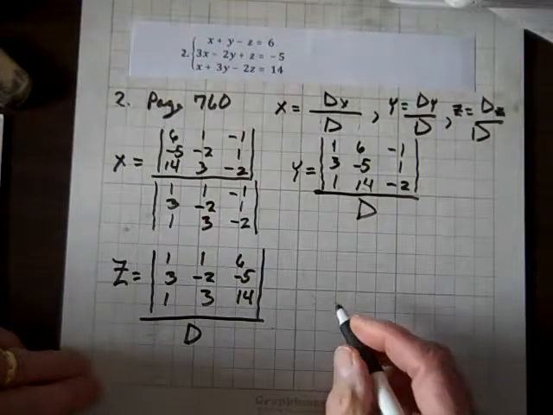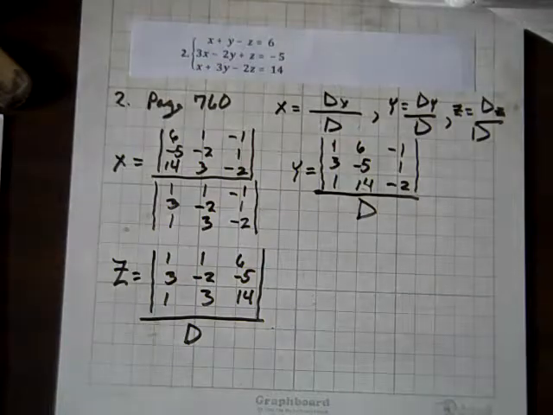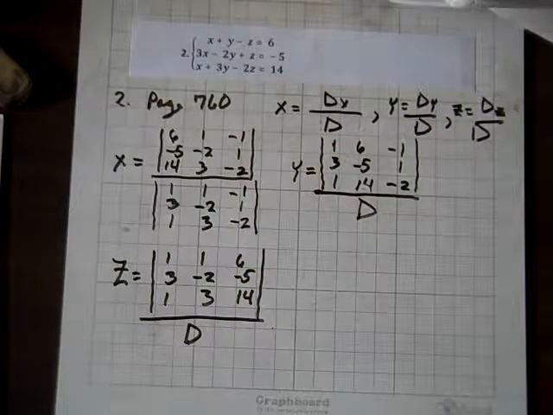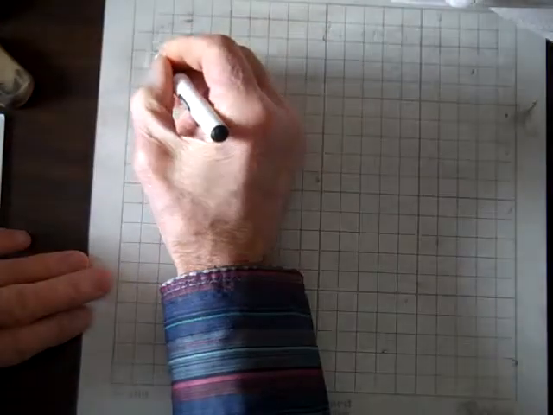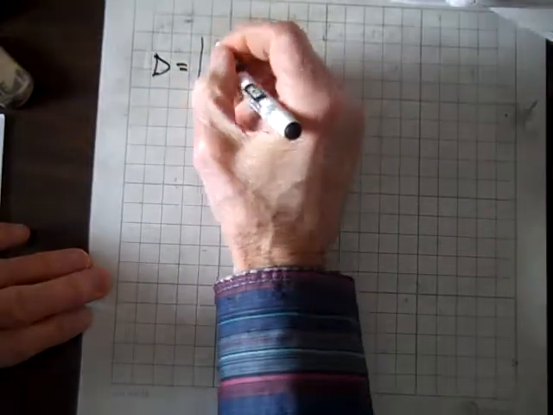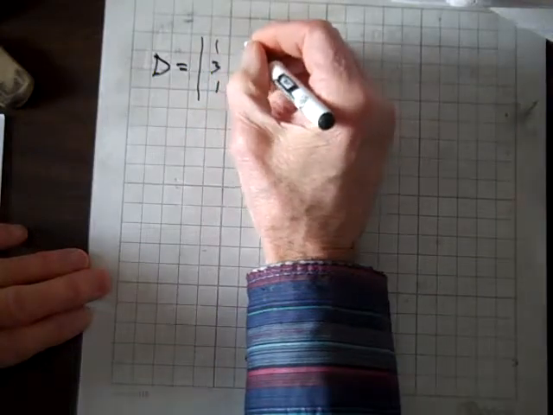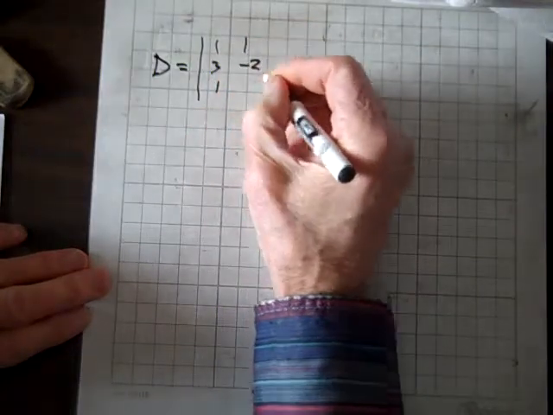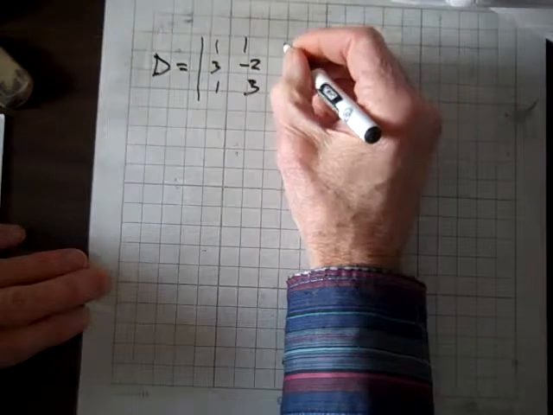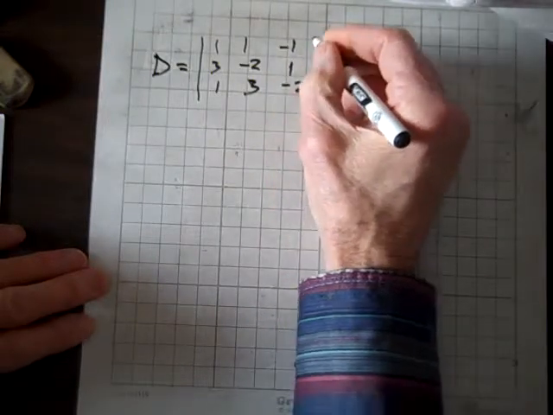And so let me solve one of these. Let's just find d, for example. And so d is going to be the determinant of 1, 3, 1, 1, negative 2, 3, and negative 1, 1, and negative 2.